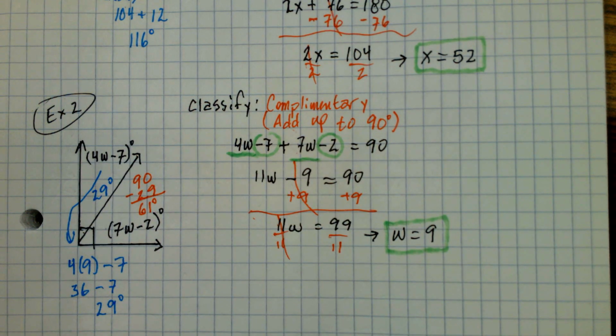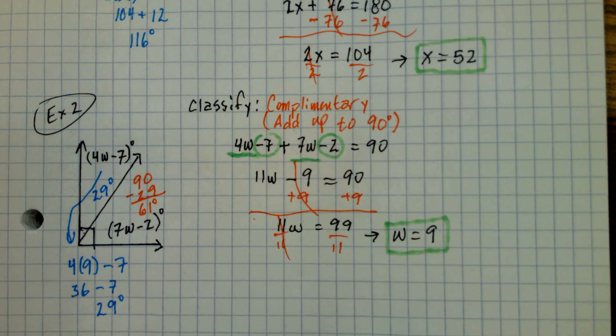I could do that in my head even. So it's 61 degrees. All right. So there we have it. We figured out those angles. 29 degrees, 61 degrees. All right, we have one more. So I'll let the people catch up, and then we'll start that one.